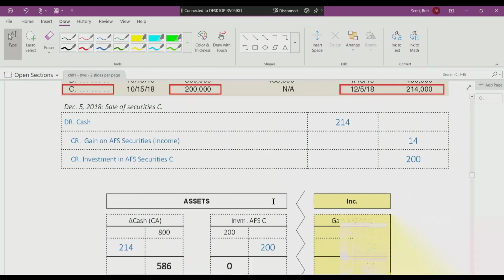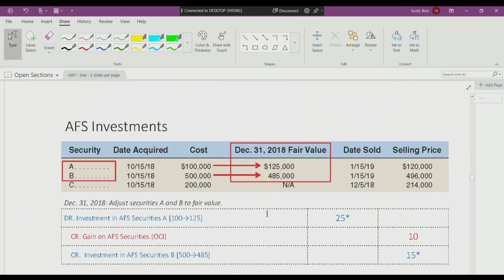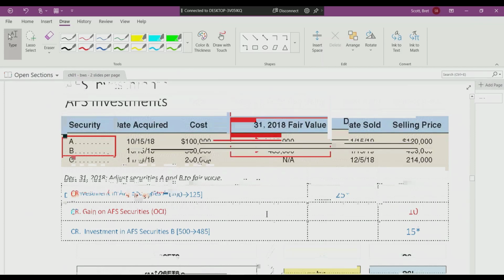When I actually sell an AFS security, if it's a realized gain, I'm just going to put it into income. Those are realized gains. They will hit the income statement, just as we saw before. Keep going down and down. This is where it gets a little bit weird.